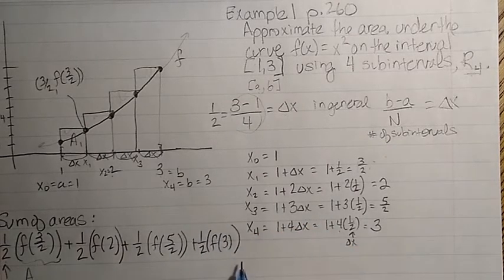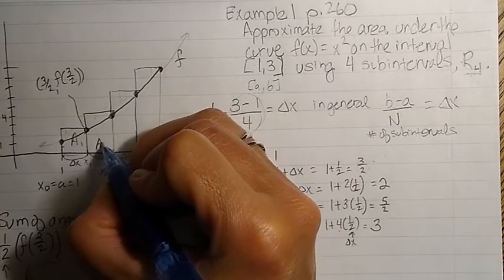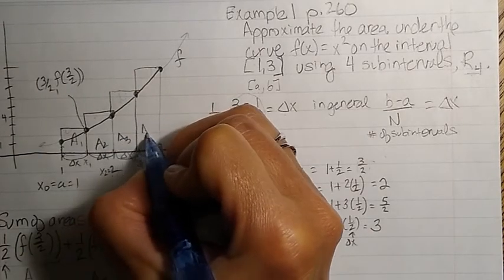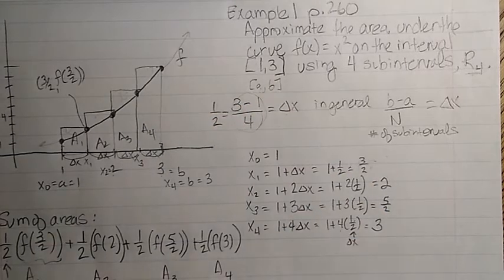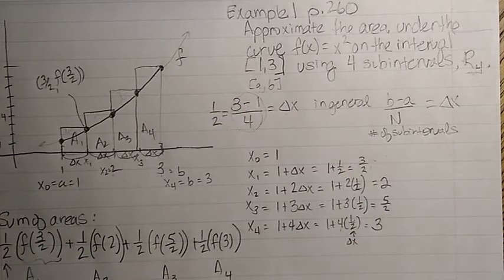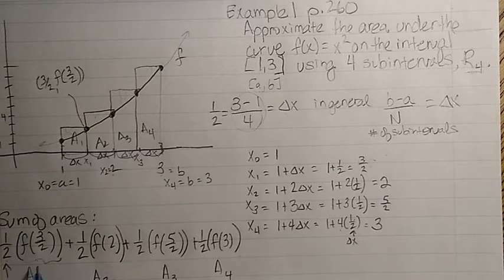We sum all those areas up to get the total approximated area under the curve. You can consult your text, example 1, when you add all these areas up.